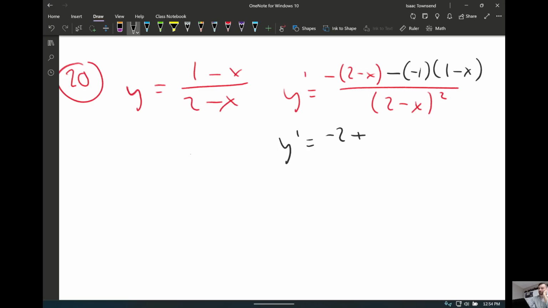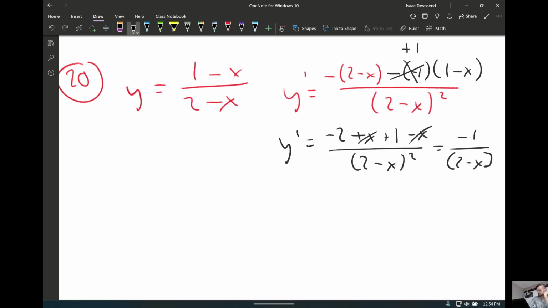Okay, 2 plus x. This is like a +1, positive. Okay, is that what your first derivative looks like? Yeah.